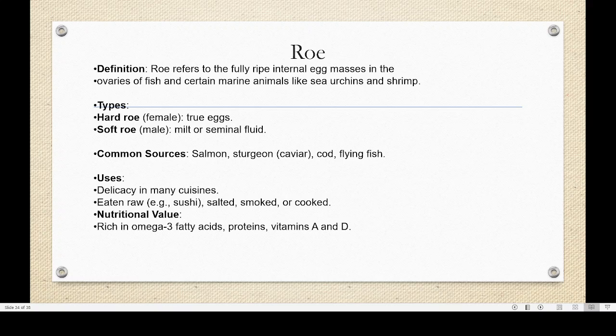One advantage of this is that it is rich in omega-3 fatty acid. Omega-3 fatty acid is a very useful substance, and it protects your heart. It will reduce your cholesterol content. So these are some of the benefits of this raw fish, and it is also rich in vitamin A and D. That is why people are taking this fish raw, because if you go to European countries, they are not living in a tropical country.